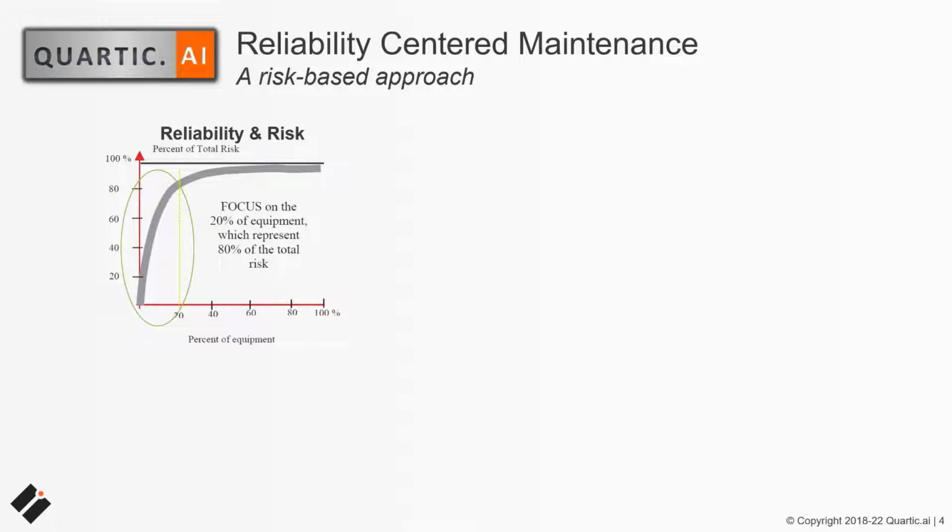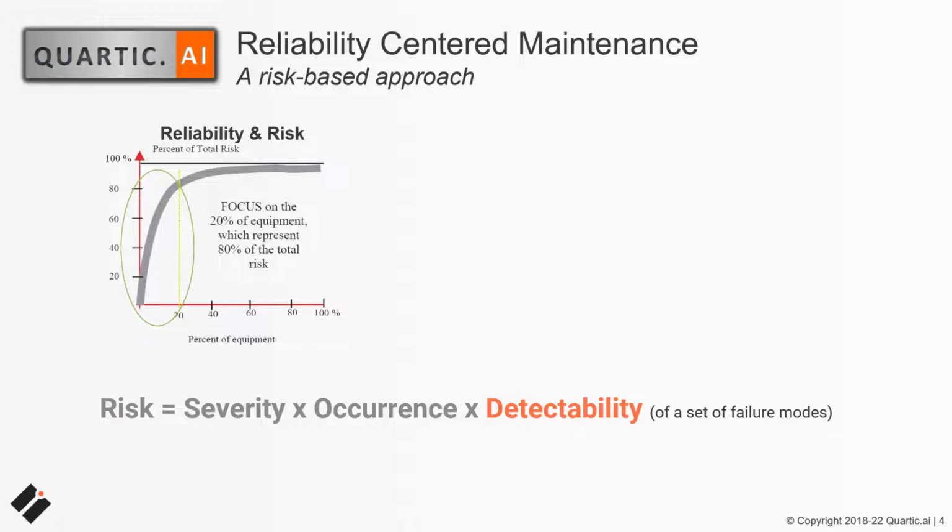For quantifying risk, we use a risk priority number, which has three components: severity, which primarily comes from a failure modes and effects analysis, where possible failure modes are identified for each piece of equipment, and how critical each of those failure modes is also determined. Occurrence, which is what we'll be using the Quartic platform and reliability application to track, is how frequently each one of those failure modes triggers.